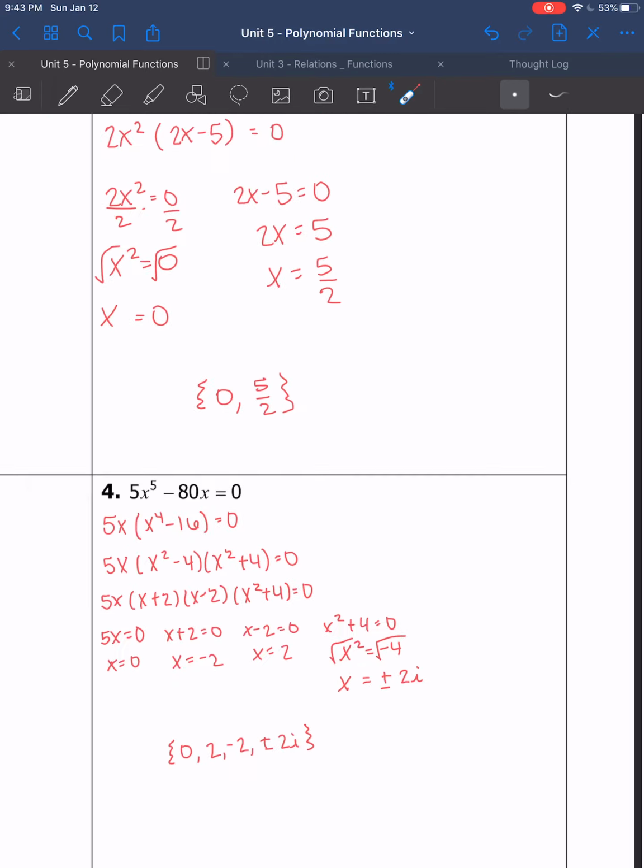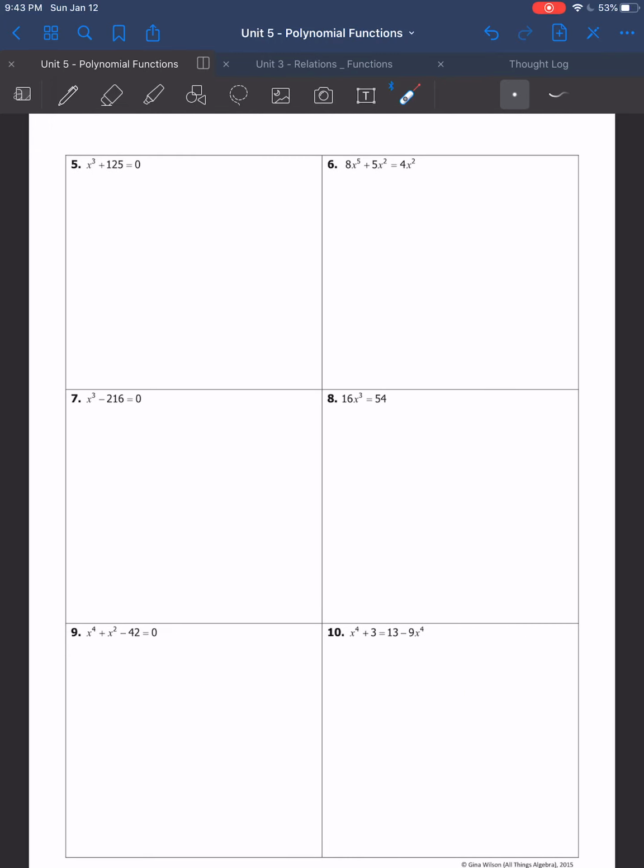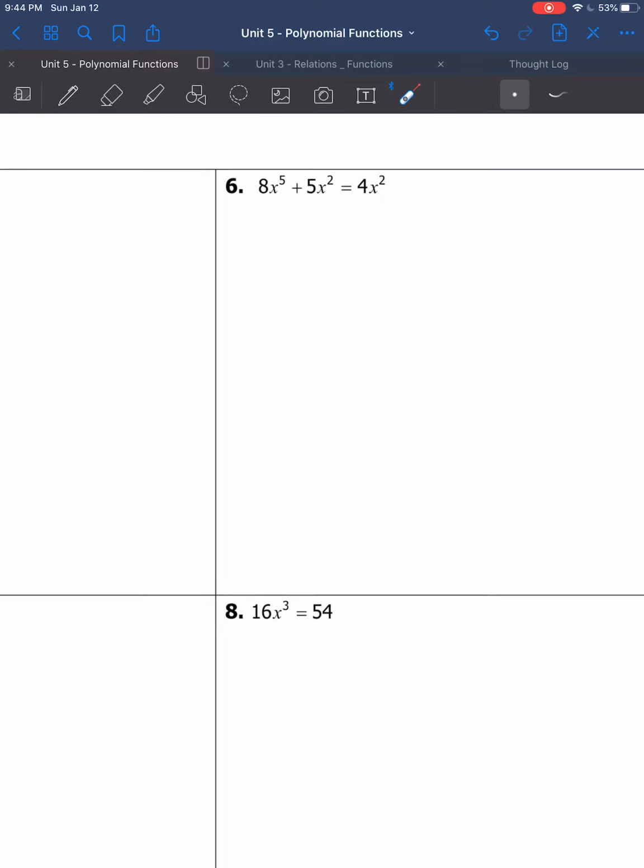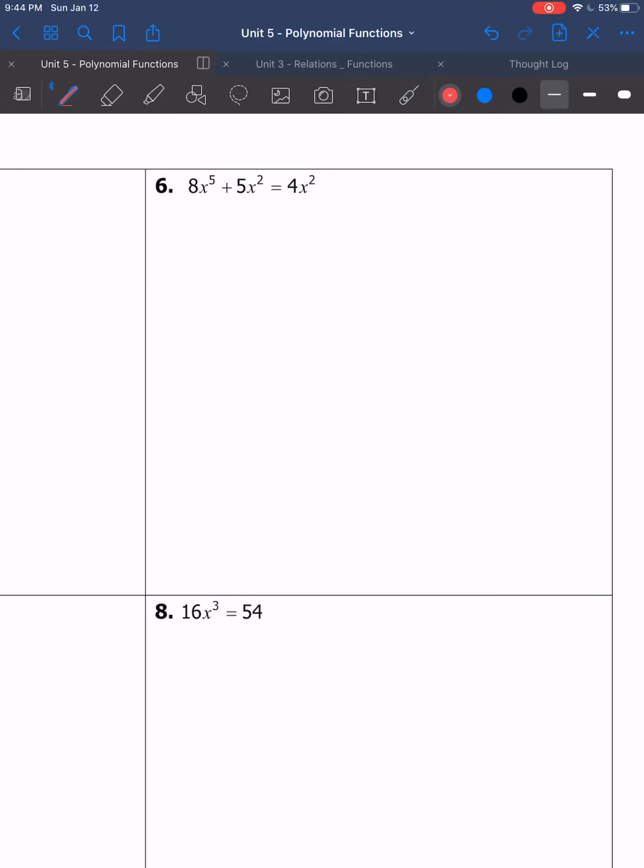Moving right along, let's zoom back out to number 6. So I have 8x to the 5th plus 5x squared equals 4x squared. So what I'm going to do is get everything on one side. And when I do that, I'm going to get 8x to the 5th plus x squared equals 0. And I can take an x squared out.